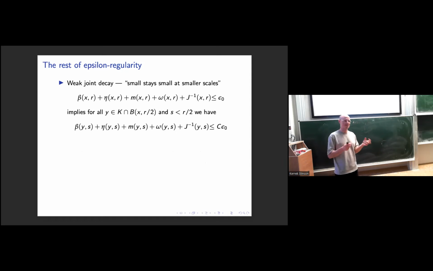And what this says intuitively is small stays small at small scales. This step is critical to use the lemma that we discussed. So importantly, what it says is if you have a point x and on some scale r you know that the length of holes is controlled by an epsilon, then for all neighboring points and all smaller scales, you get the same control up to a universal constant.